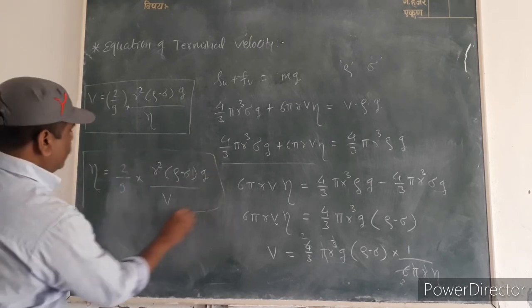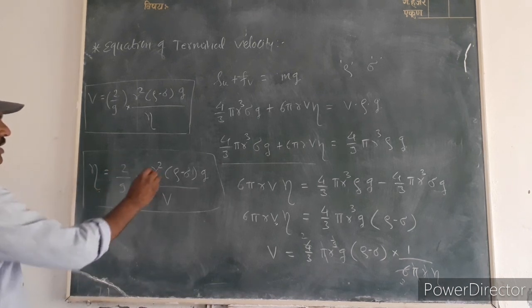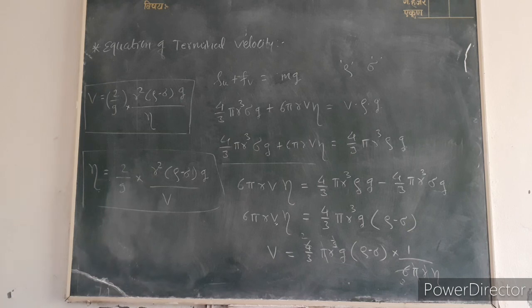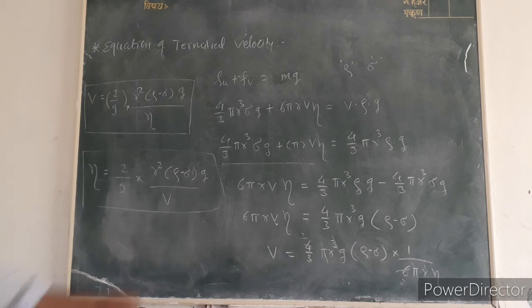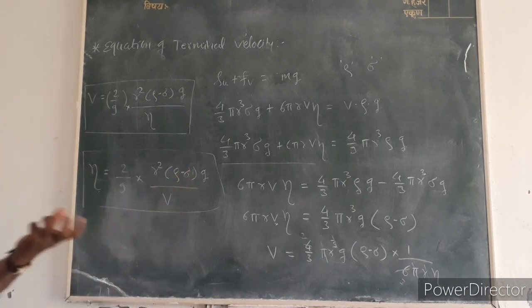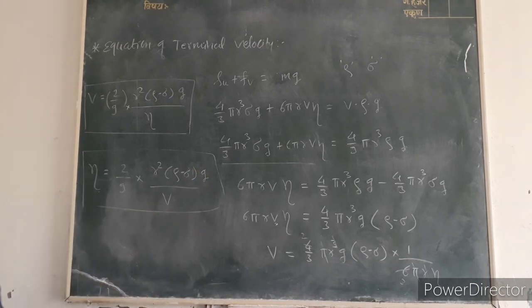Using this formula, we can calculate the coefficient of viscosity, where 2 by 9 is a constant, r is the radius of the spherical body, rho is the density of the viscous fluid, sigma is the density of that ball, g is the acceleration due to gravity, and v is the terminal velocity. This equation gives the terminal velocity, and this equation gives the coefficient of viscosity.